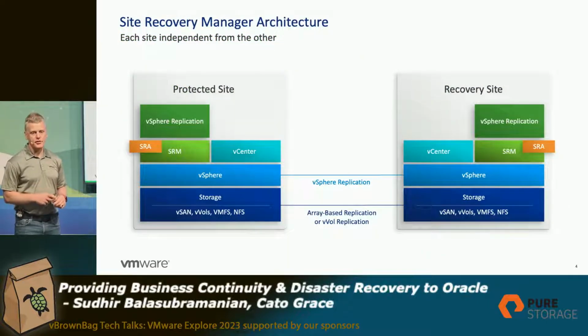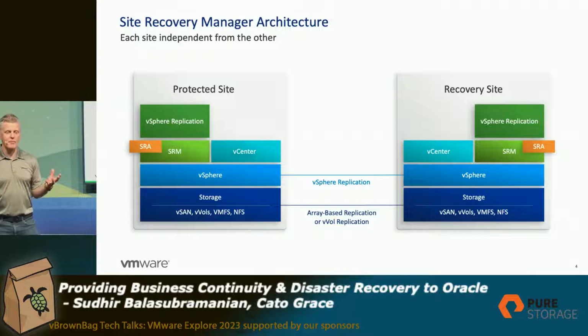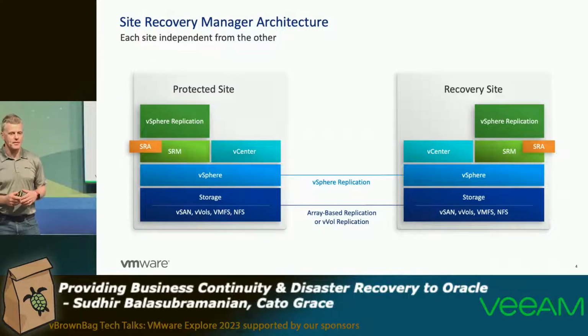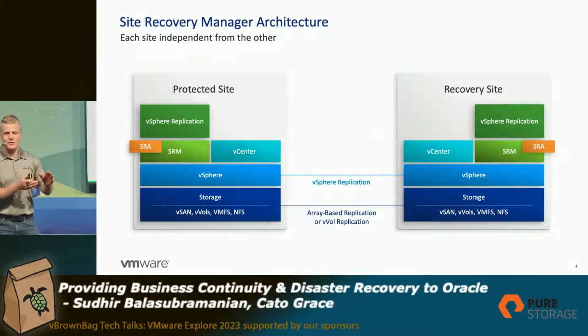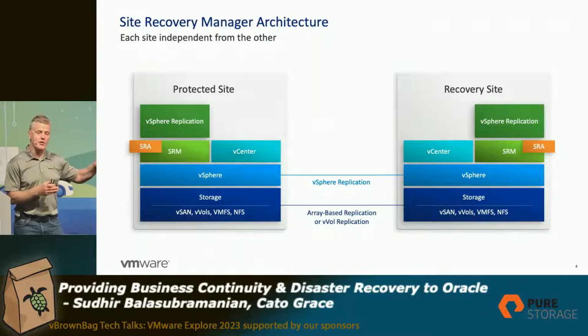This is the architecture for Site Recovery Manager, what makes up a Site Recovery Manager environment. You'll notice that each side is a mirror of the other. They're exactly the same on both sides, because we want each side to be able to run whatever you need to do in the complete absence of the other one. So we have hosts on both sides, a vCenter on each side, and some kind of storage.